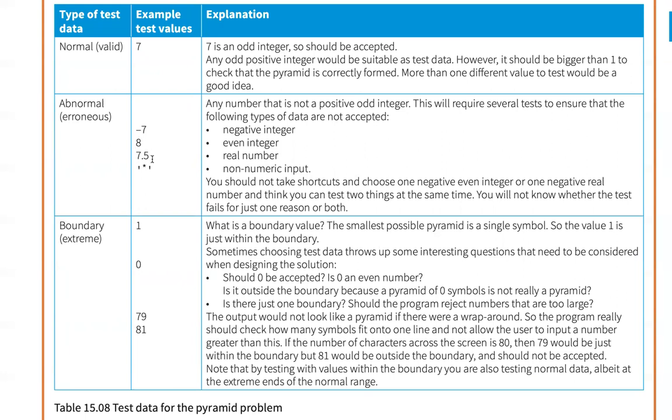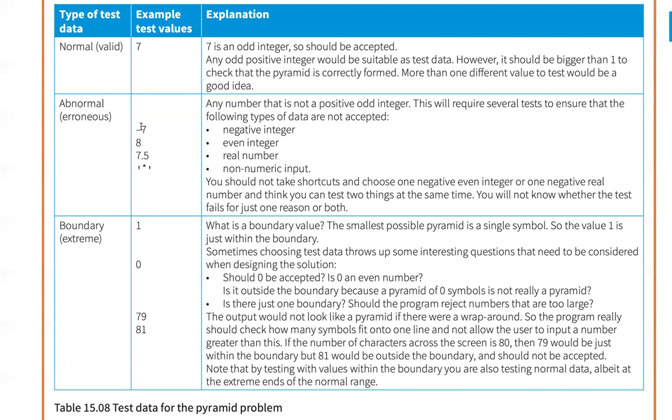Finally, if I give a real number rather than a whole number, that should also generate an error. So it has to be a positive, odd, whole number only. And a fourth possibility is that I don't give a number at all. It's a character. It should cause an error.